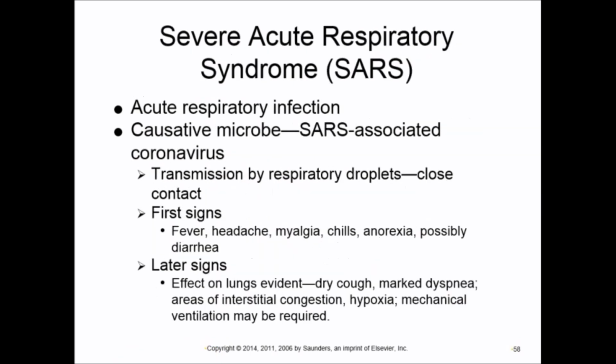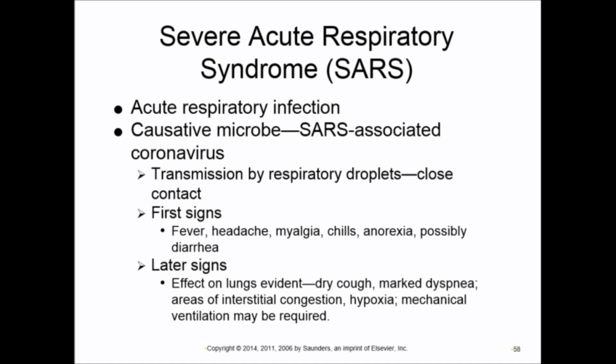It's atypical. Now the SARS, which is severe acute respiratory syndrome. I think we heard about this. It's a coronavirus that causes it. It's SARS-associated coronavirus, and it's transmitted through respiratory droplets.